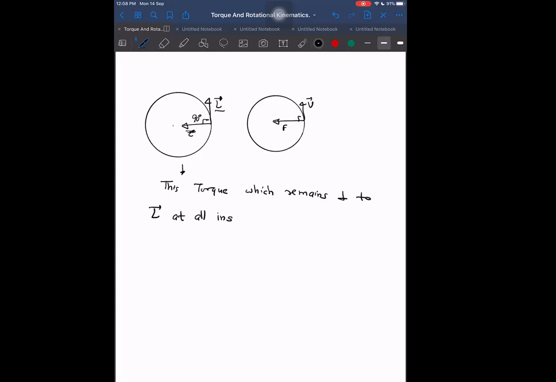It is not like for one instant you see and then start making confusion. That will be a mistake. At all instants you should check whether it is the same thing or not.